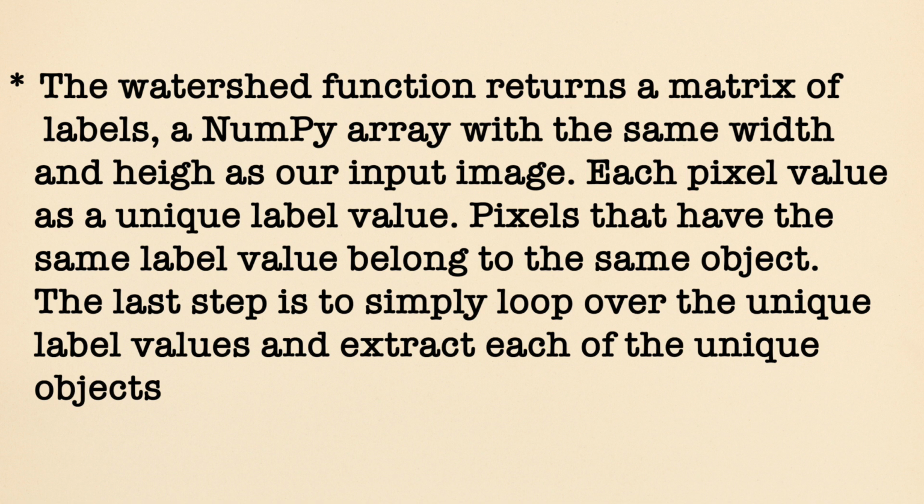The last step is to simply loop over the unique labels and extract each unique object. What is a unique object? It means that each coin is uniquely identified with this watershed algorithm.